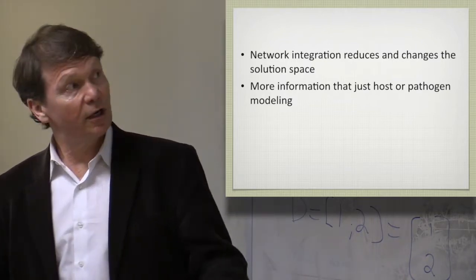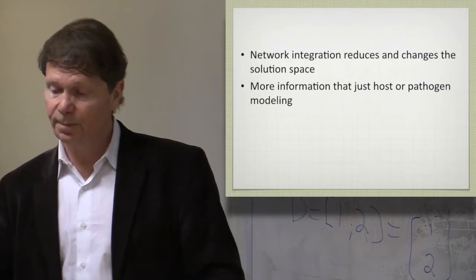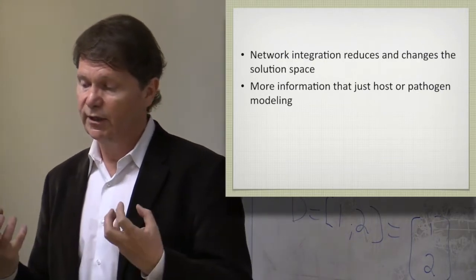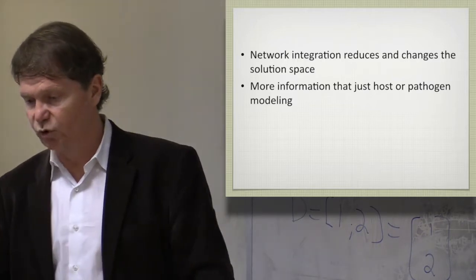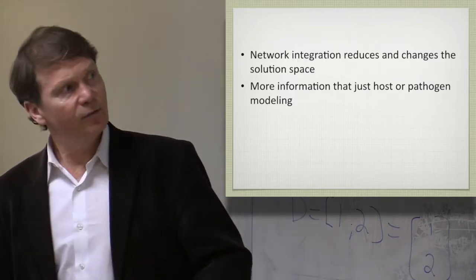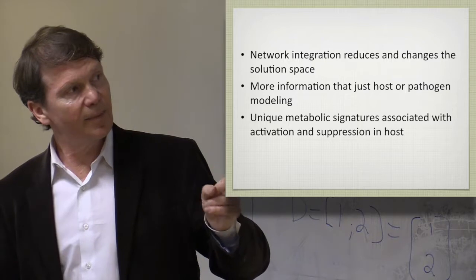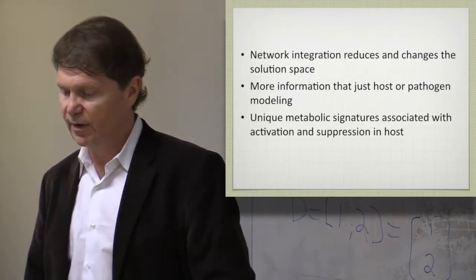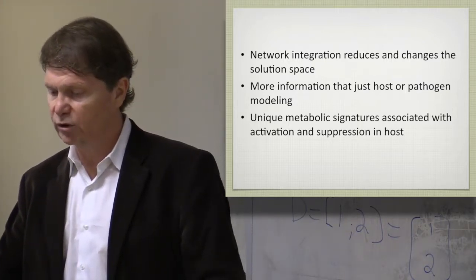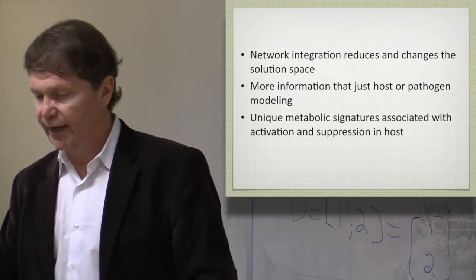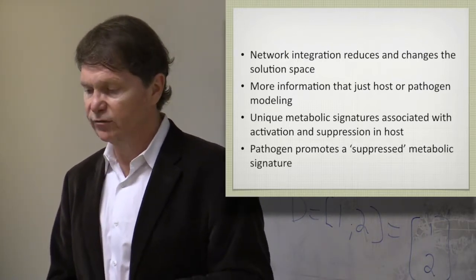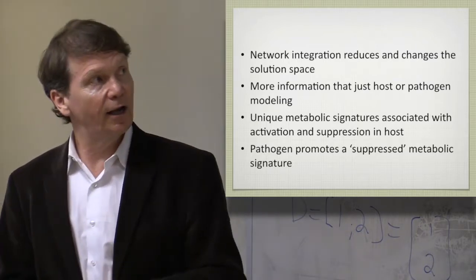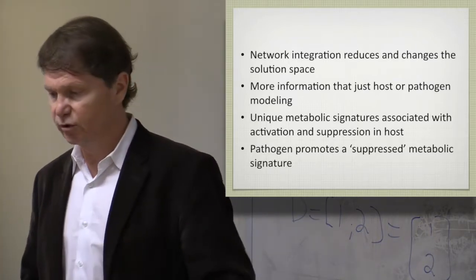In this last case, we look at the fact that the separate cells, the host and the pathogen, operate quite differently than them together. We see that the pathogen seems to promote a suppressed state in the host. And the pathogen itself undergoes a massive shift in its metabolic state after infection. At least that's the prediction.